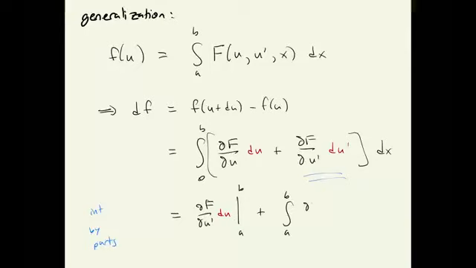And then we have a plus an integral from a to b. There is a term that looks like dF du, and another term with a minus sign, dF du primed, multiplying du times dx. Again, du is my small change.